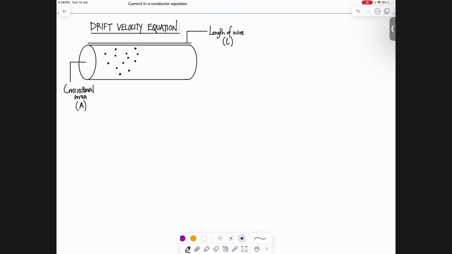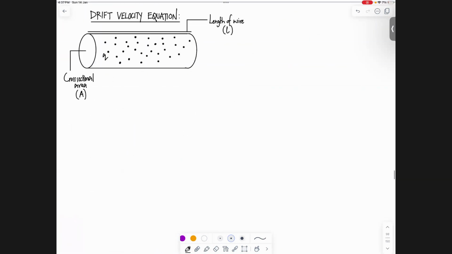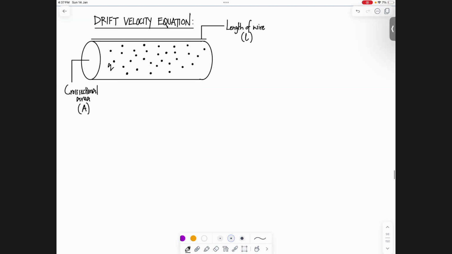These charges are your electrons for a metal wire. I'll just call them Q, charge. And this wire has a property called N, which is a new term for you guys, so it's very important you understand. Charge carrier density. It's represented by N.